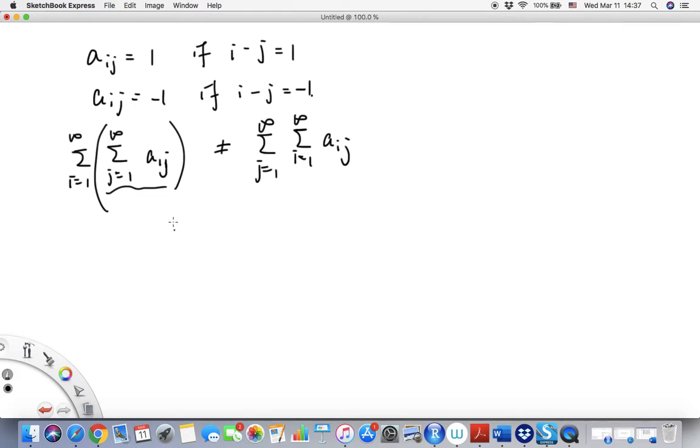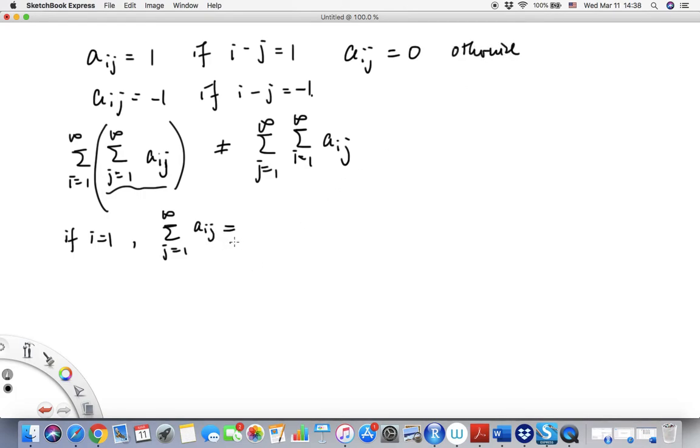So let's first look at the term on the left-hand side. Let's say i is equal to 1. What is the sum over j of a_ij? Remember, i is equal to 1. Oh, I should say a_ij is equal to 0 otherwise.